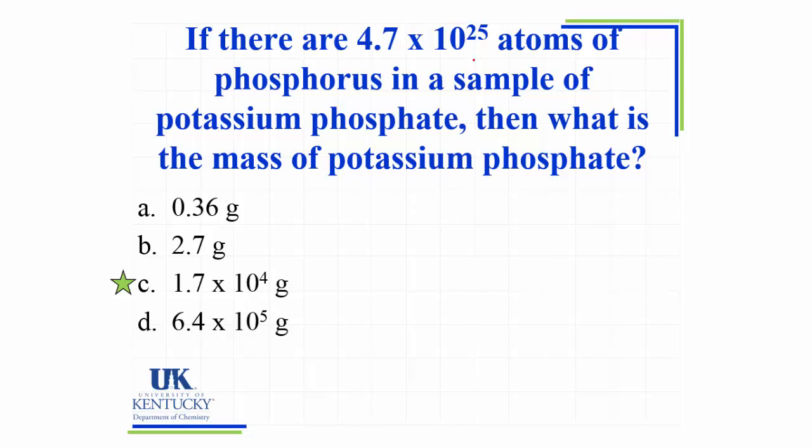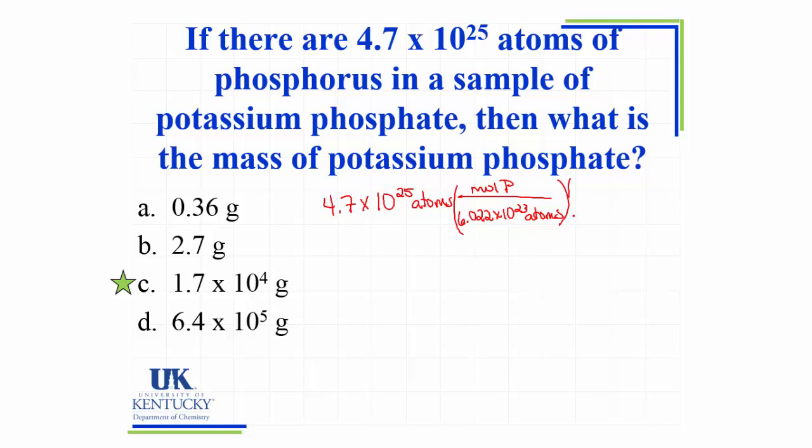So for this problem, we want to start with our number of atoms, 4.7 times 10 to the 25th atoms. And the first thing I'm going to use is Avogadro's number, or 6.022 times 10 to the 23rd atoms per mole. And we're talking about our phosphorus.